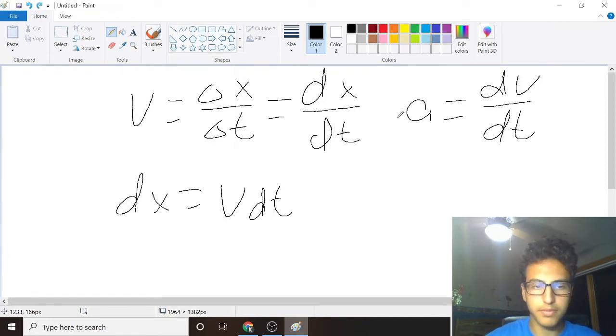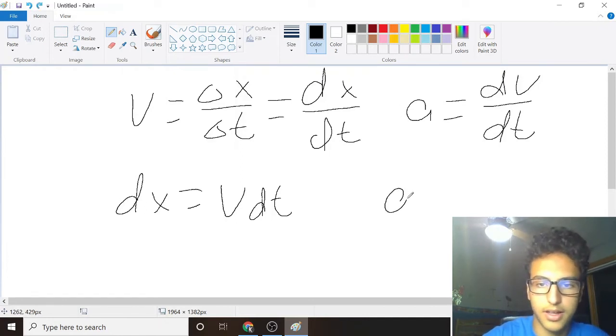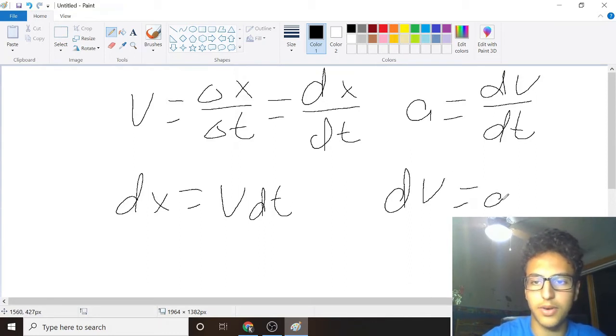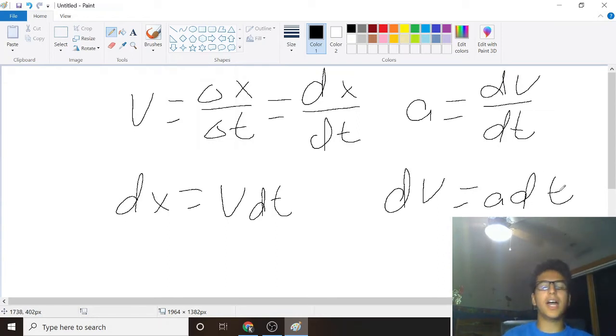Alright, and we see that a small change in velocity is equal to acceleration at that point times a small change in time. And so how does that help us, really? Well, now we can use calculus to derive some very important equations.